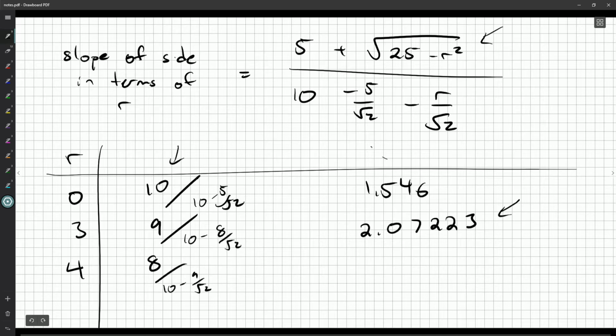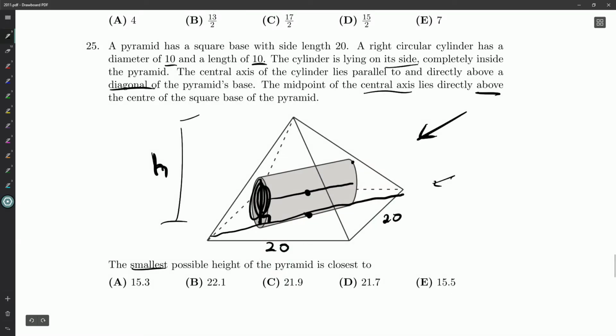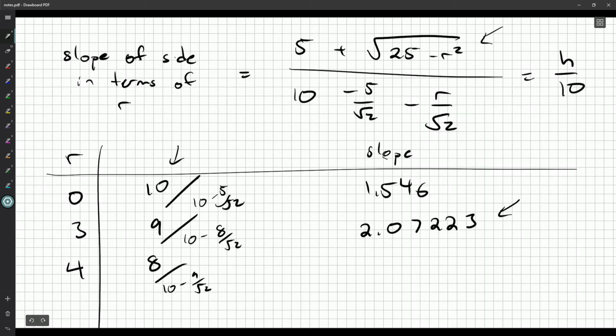Remember, whatever the largest slope is, we're going to have to multiply that by 10, because we also want the slope to be h over 10, where h is the minimum height that we're trying to find. So right now, I would guess 20.7. Do we have an answer close to that? Well, there's 21.7, 21.9, but again, this might not be the max.